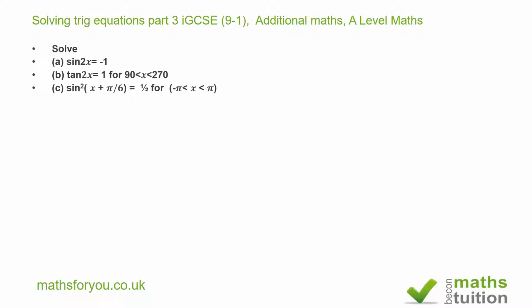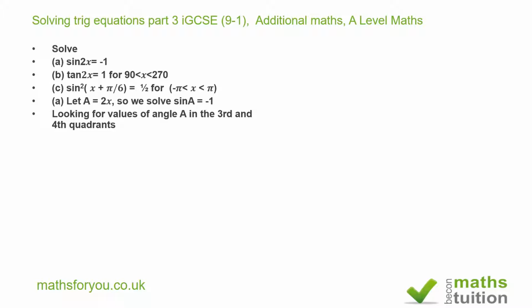Okay. Now, if I then say let a be 2x, you don't have to do that. So we're looking for sine a is equal to minus 1, looking for the sine of an angle with value of minus 1. Now, because it's minus 1, you will expect values in the third and the fourth quadrants.